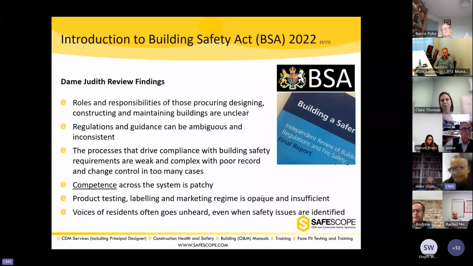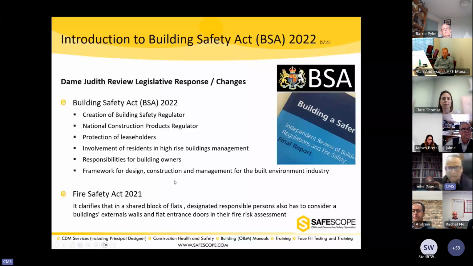So the Building Safety Act came into force in 22, and some parts of it are still coming out. We're expecting a final part to come out soon. What it does in a nutshell is create the Building Safety Regulator, which HSE have taken the role on, to look after the application of the building regulations throughout the whole spectrum.